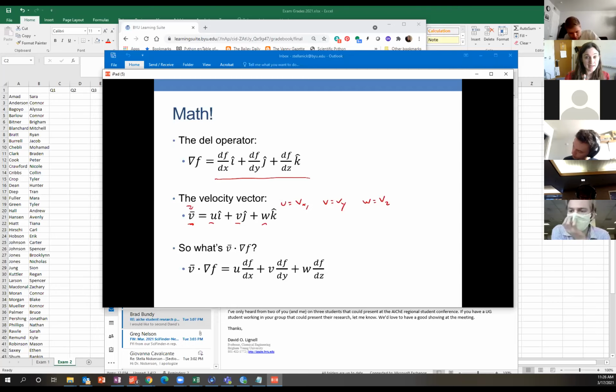But in this case, it depends on what df dx, df dy, df dz are, because sometimes df dx is a scalar and sometimes it's a vector. And if it's a vector, this will turn out to be a vector. We're going to see an example where that happens. But that's why I wanted to bring it up: you remember that dotting together two vectors makes a scalar, but in this case it depends on what df, d-whatever actually is.